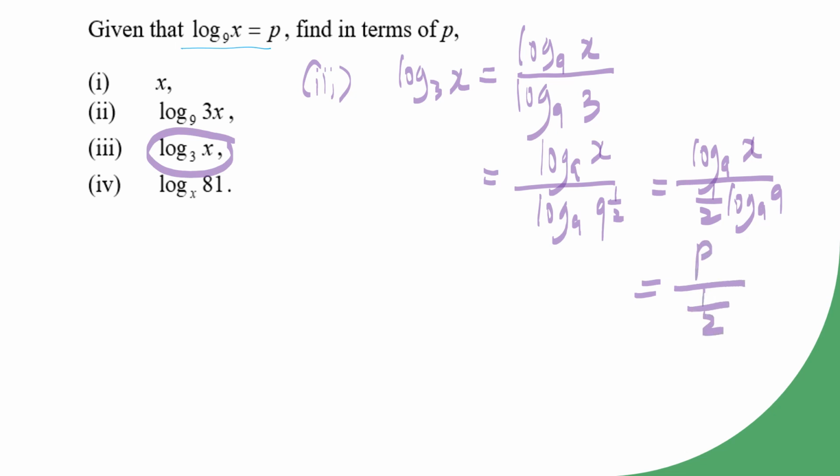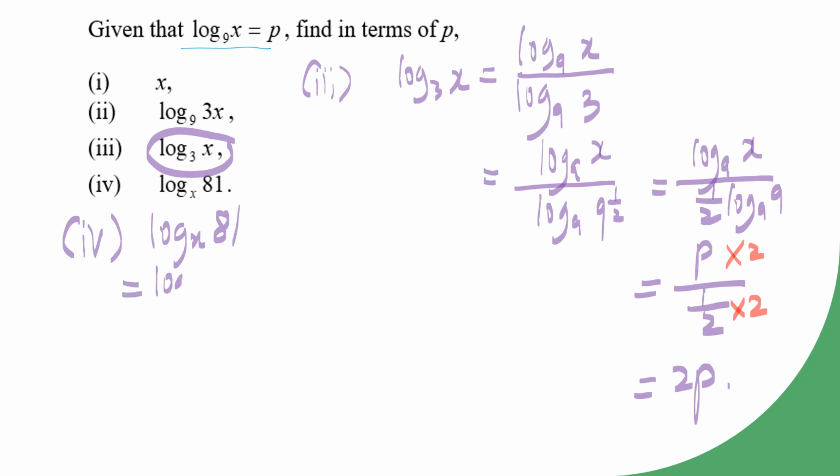So you have p over half. So p divided by half means 1p divided by half. You just take 1 divided by half, that gives you 2. So you get 2p. Or you can just multiply by 2 at the numerator and by 2 at the denominator. So you have 2p over 1, which is just 2p. Okay, so that's part 3. Right. Likewise, for part 4, we have to apply change of base.